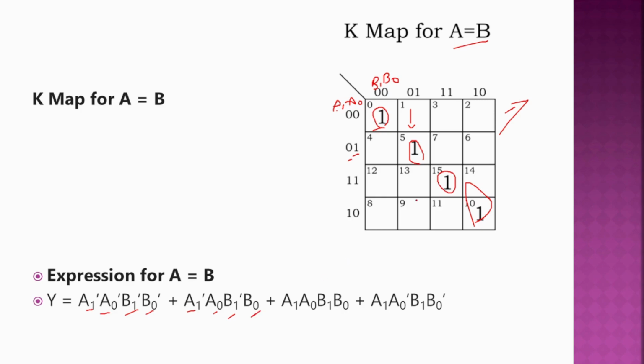In the third equation both values will be 1, so you fill A1 A naught and here too 1 1, so B1 B naught. And the last one is placed in the cell where A1 equal to 1, so A1, and A naught equal to 0, so A naught dash, and B1 equal to 1, B1, and B naught equal to 0, so B naught dash.